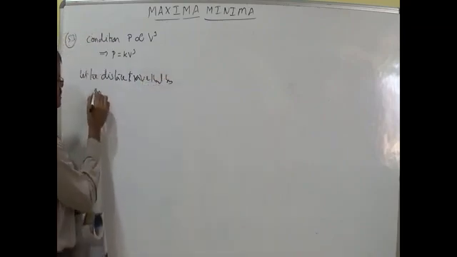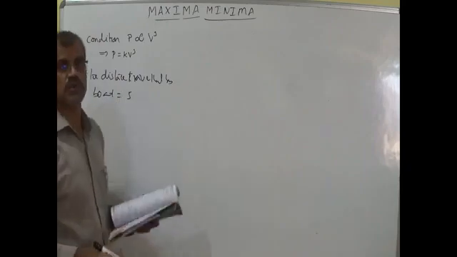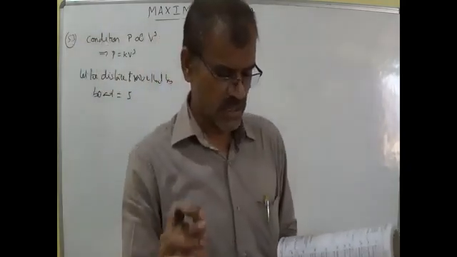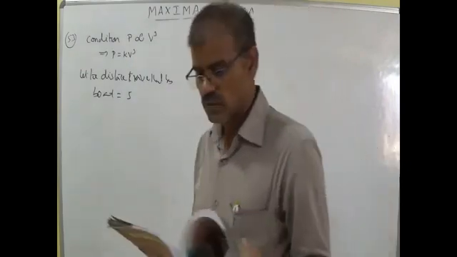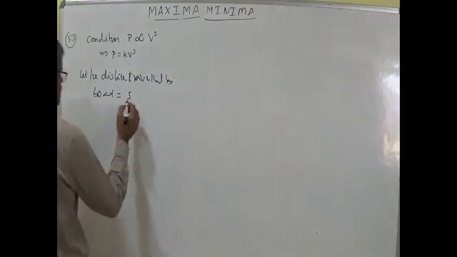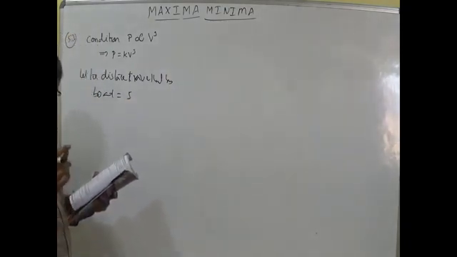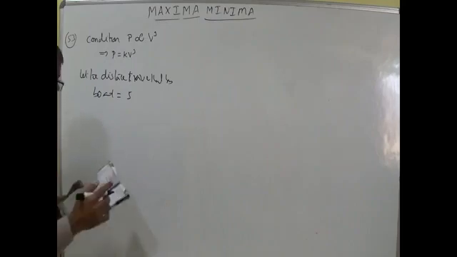Let the distance travelled by boat is equal to S. General notation, displacement notation, yes, like that I written as distance travelled by boat is equal to S. It may be displacement, you can think. This is S.